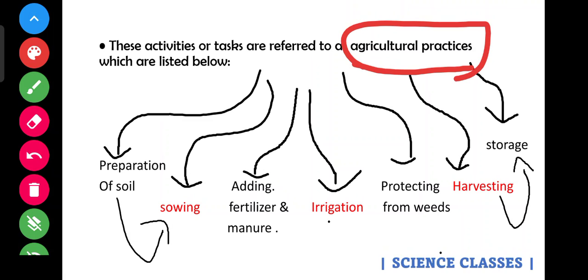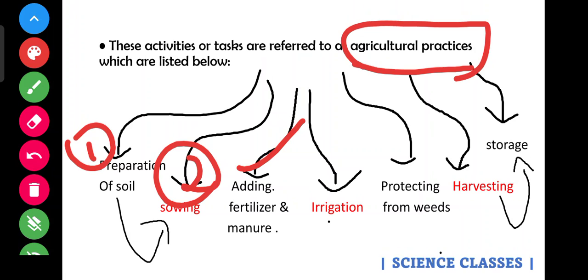Now, to cultivate a crop, there is a series of steps. First is preparation of soil. Next is sowing, then adding fertilizer and manure. Irrigation is nothing but providing water to the crop. Then protection from weeds. There are several unwanted plants growing near our cultivated plants.